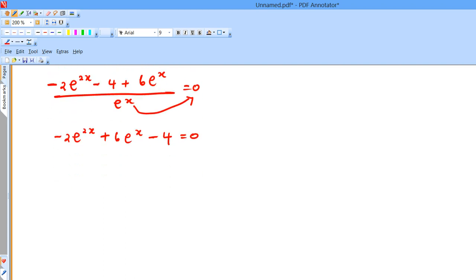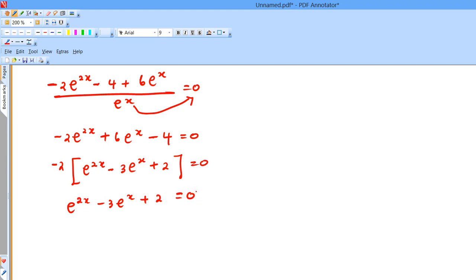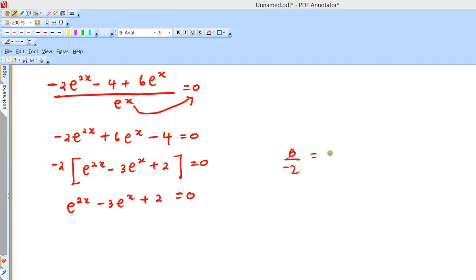And then we can factor out negative 2: negative 2 times e power of 2x minus 3 e power of x plus 2 equal to 0. We divide negative 2 into the right hand side, so we get e power of 2x minus 3 e power of x plus 2 equal to 0, since 0 over negative 2 actually equals 0.